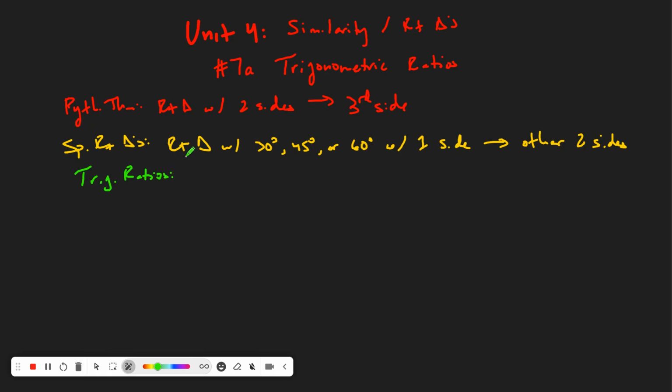For using trig ratios, you have to have a right triangle with any acute angle and one side, and you can find the other sides.